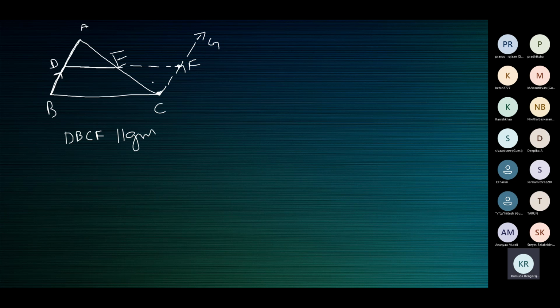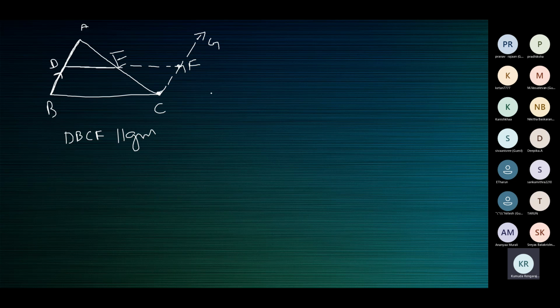Now, how are we going to do that? To prove that DBCF is a parallelogram, the property or criterion we use is that one pair of opposite sides is parallel and equal. So in DBCF, we choose the opposite sides DB and CF. We're going to prove that DB is parallel to CF.